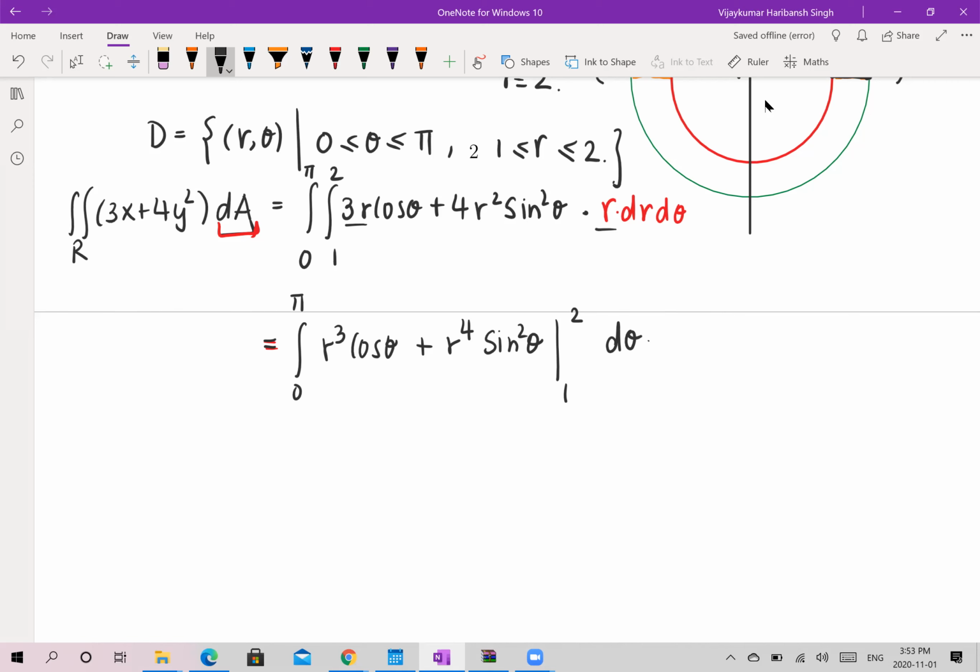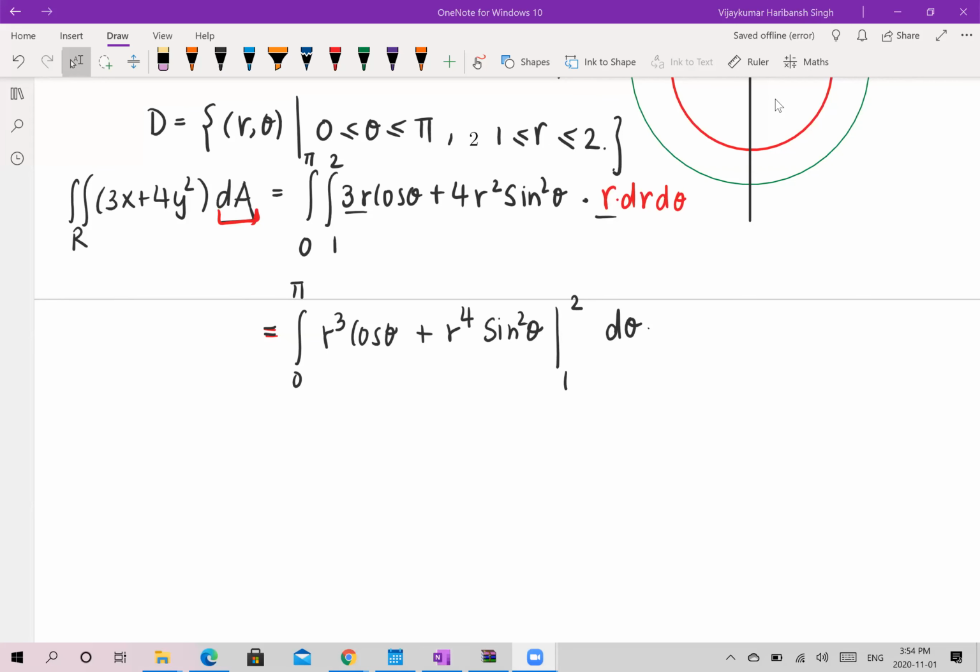So we get in this case, just to make the distinction clear, I'll write r equals 1 to 2, and so we get 0 to pi, r cube, so 2 cube is 8, 8 minus 1, so 7 cos theta plus 16 times 16 minus 1, so I have 16 minus 1 sine square theta d theta.